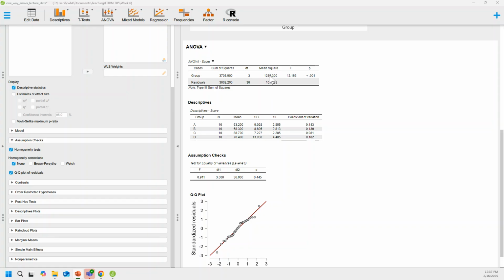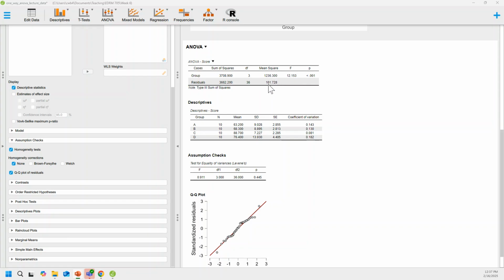If I do this 1236.3 divided by the 101.728, that should equal approximately 12.153. That value is much bigger than 1. That's evidence that we have a much larger between group variability compared to within group variability, which we can see here.